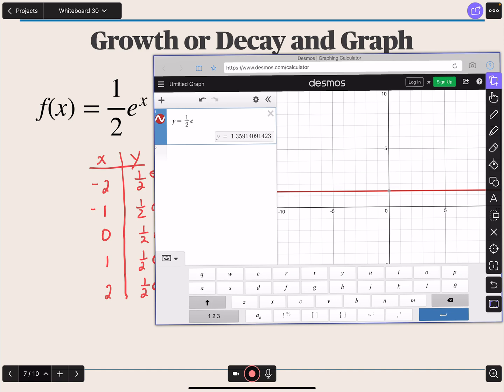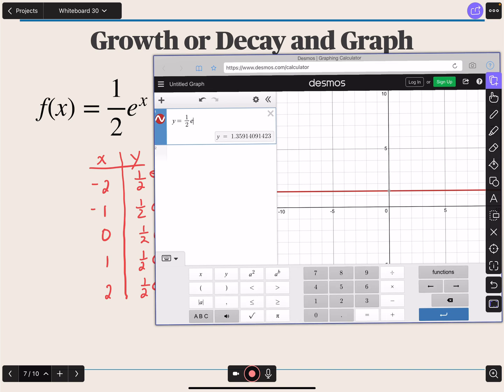You can see above the right by the equation, it has said the value of what's inside there. Half times e is 1.35, half of 2.7. Back to our equation, to the x power, so I hit the a to the b button, and I put an x in there. And so there's my function.